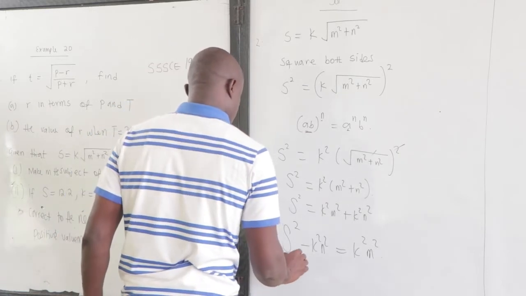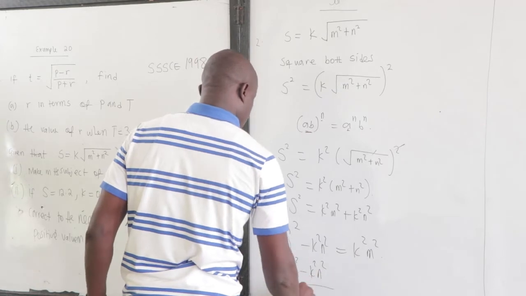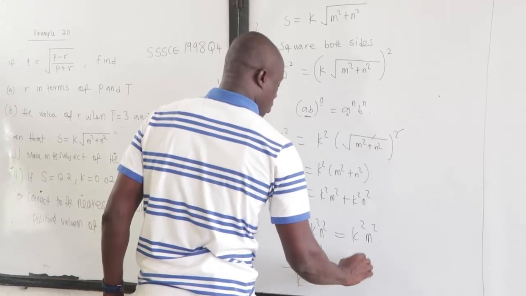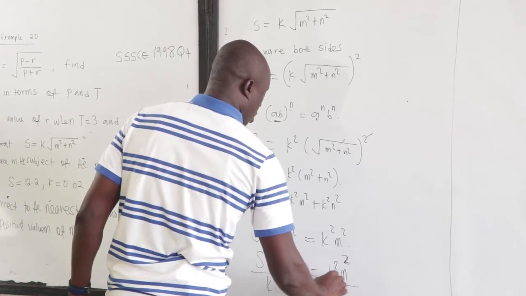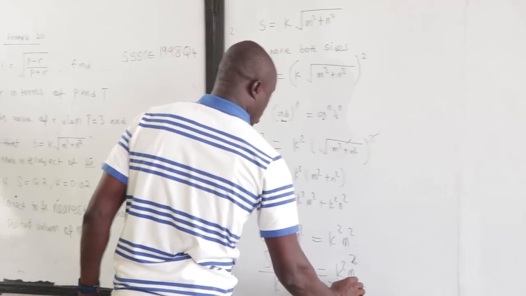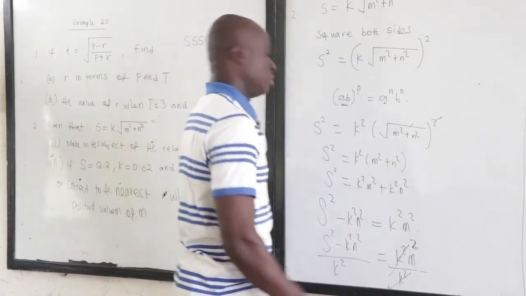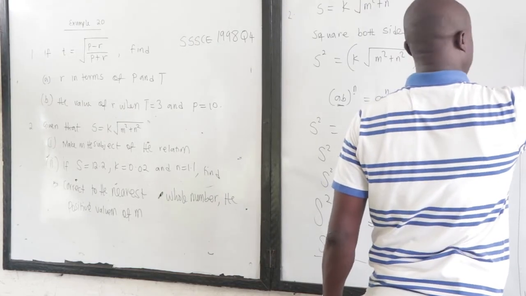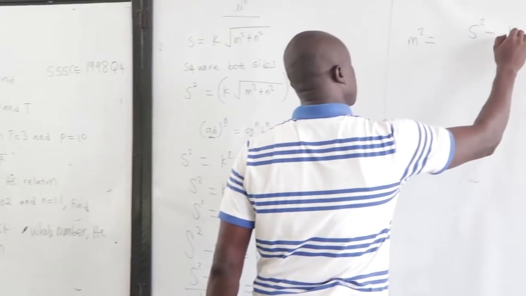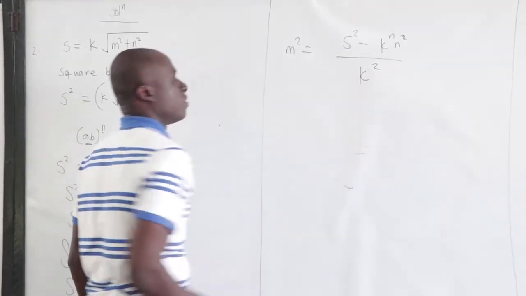So you have S squared minus K squared N squared all over K squared equal to K squared M squared all over K squared. Now this is cancelling that, so we have M squared equal to S squared minus K squared N squared all over K squared.